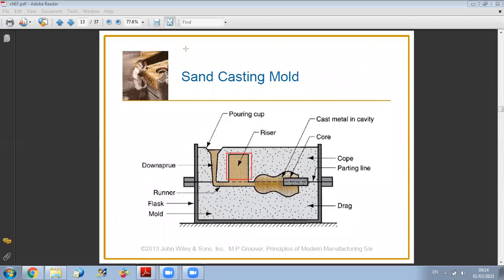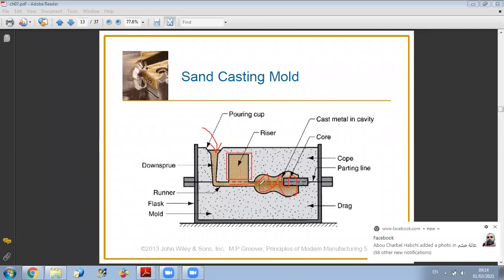First, the first step in the casting process, you pour your metal. Once the pouring step ends, you have your metal filling your cavity, and it will start to solidify. But during the solidification process, first, when you do pouring, you might have some gases entering with your molten metal, and if you don't compensate for this, you will have formation of voids in your final cast.